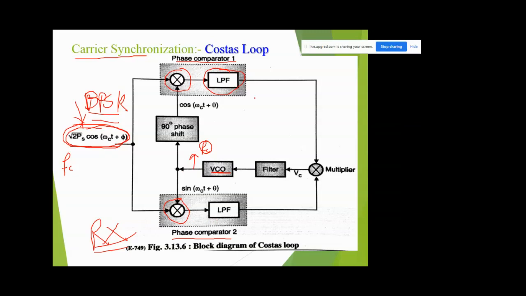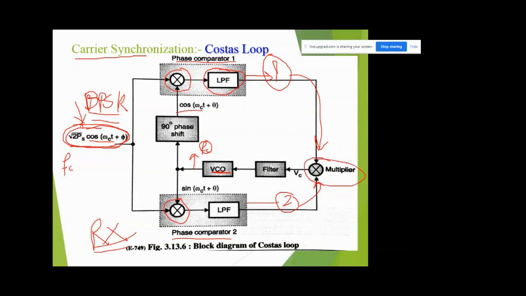Now what is the output of the multipliers and low pass filters? We get simple formulas: it is cos A, this is cos B. So we use the formula cos A into cos B to get the result at the first comparator. Similarly here, cos A into sin B or sin A into cos B, these formulas we use to get the resultant output. After that, we multiply the resultant outputs of phase comparator 1 and phase comparator 2.